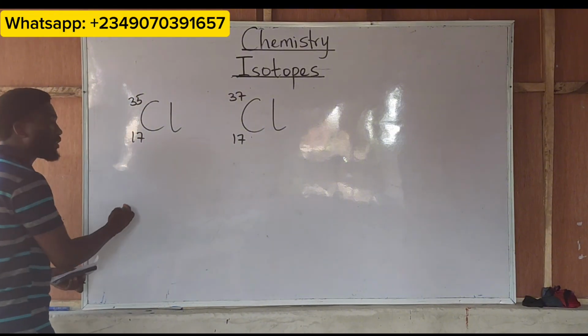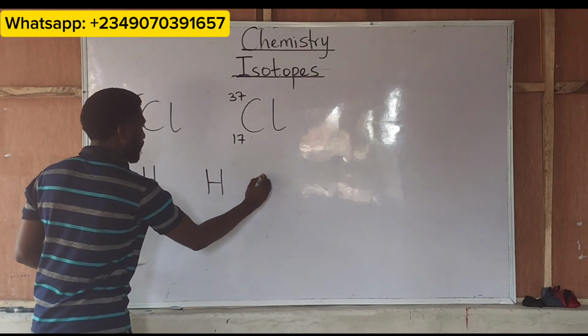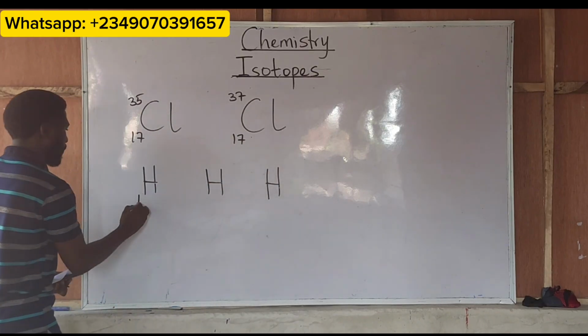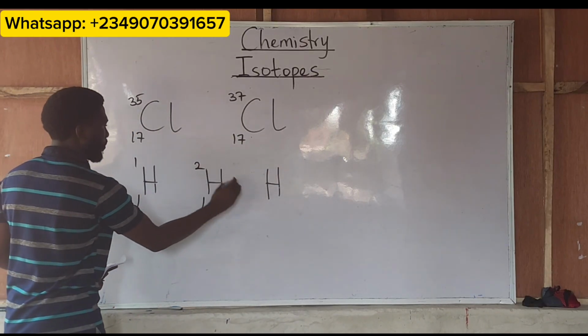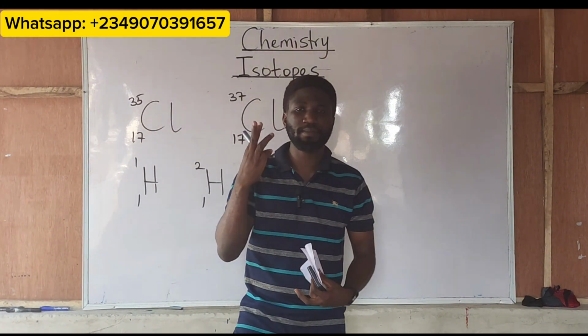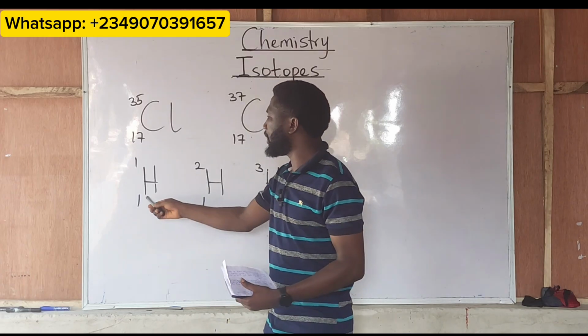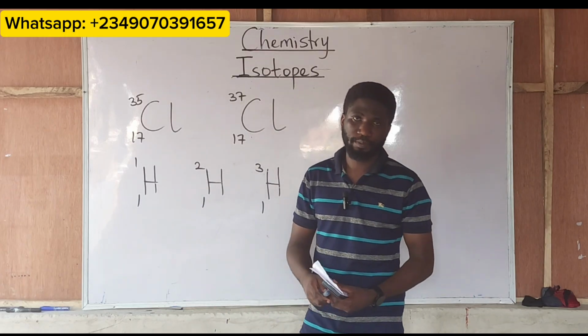Another example is that of hydrogen. Hydrogen exists in three isotopic forms. We have this to be the protium.